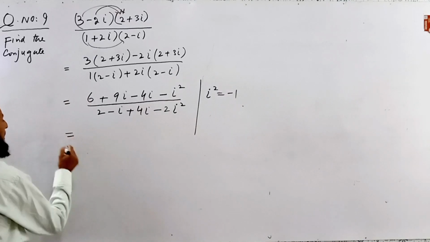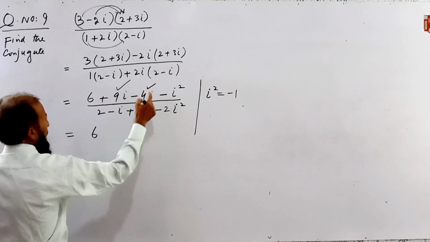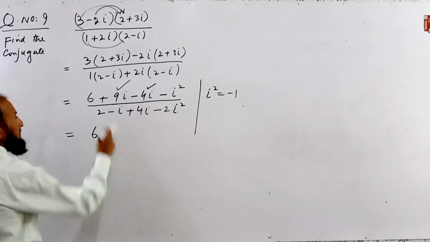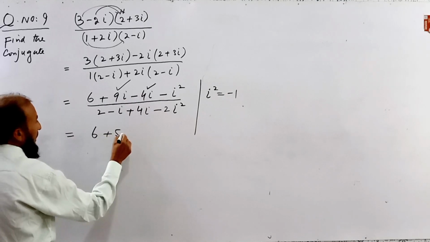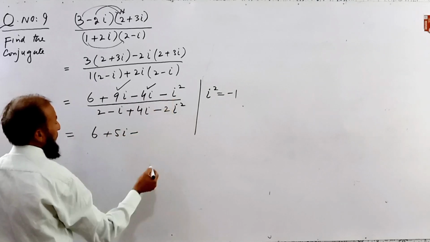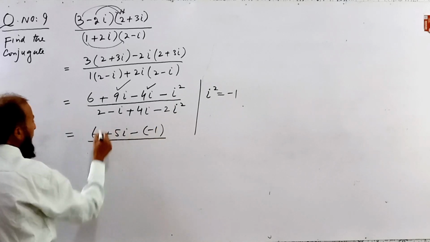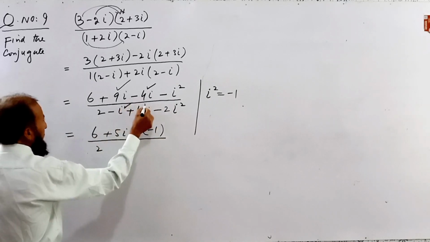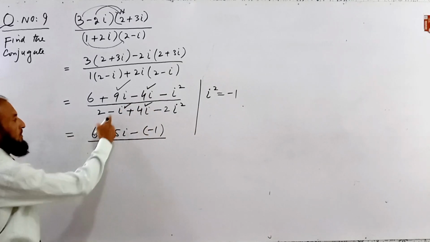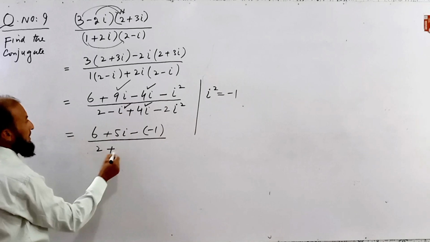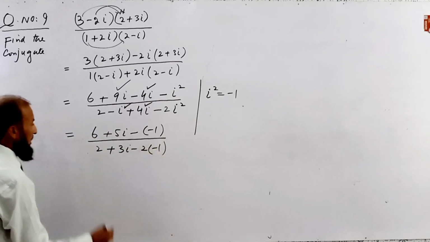Now we simplify the like terms: 6, and the like terms in i, plus 9 minus 4, plus 5i, minus, in the place of i square we put minus 1. Similarly in the denominator, 2, the like terms minus i plus 4i, we get plus 3i, minus 2 into minus 1.